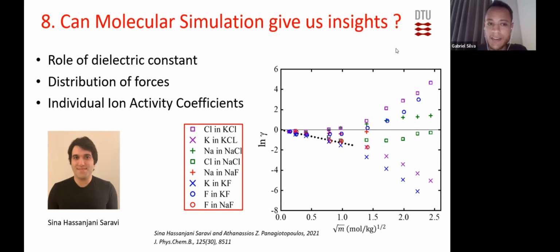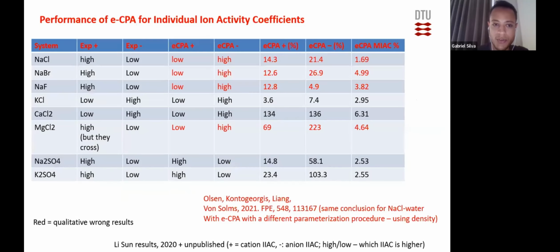And there is something very interesting: in some electrolytes, when you compare, for example, NaCl with sodium fluoride, the trends of individual activity coefficients between the cation and the anion get reversed. This was studied by molecular simulations by Sina, who showed some results and discussion about these trends, and also on the importance of including the dielectric constant to explain those results.